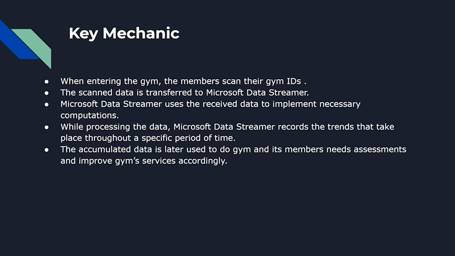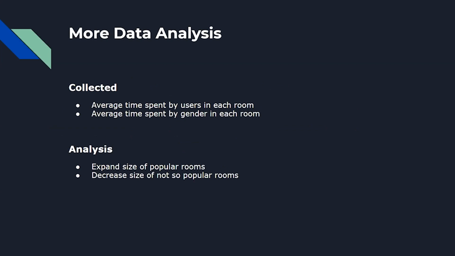Next slide, please. Now I'll be talking about what our stakeholder requests were for this semester, which was more data analysis. What we decided to do was collect average time spent by users in each room. And we're still working on the gender part. We have to tweak a couple formulas, but we haven't got that completed yet, so we didn't want to show it to you.